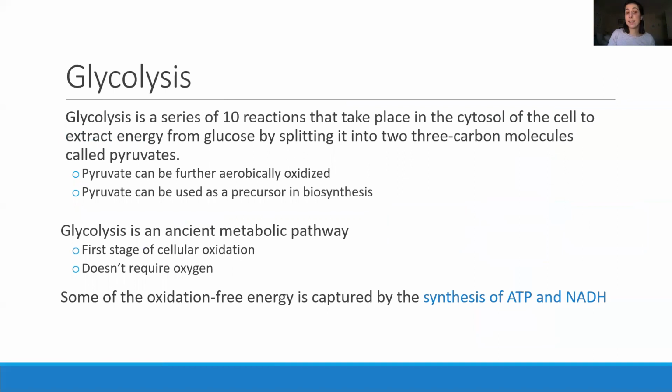Glycolysis is a 10-series reaction, and it takes place in the cytosol of the cell. This is an important key thing to note. And through the semester, I want you to be thinking about and remembering where these pathways take place. It seems trivial now, but it's actually very important.